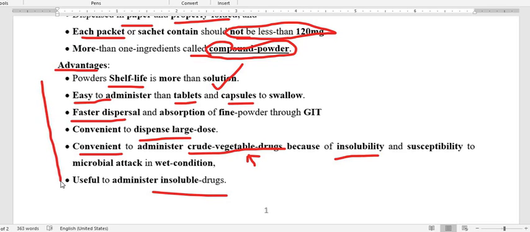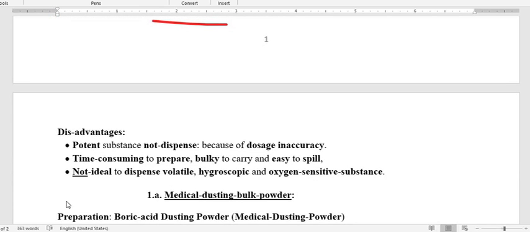Regarding disadvantages, disadvantages are also there. The powder is too bulky. Bulkiness is there; it is bulky in nature.